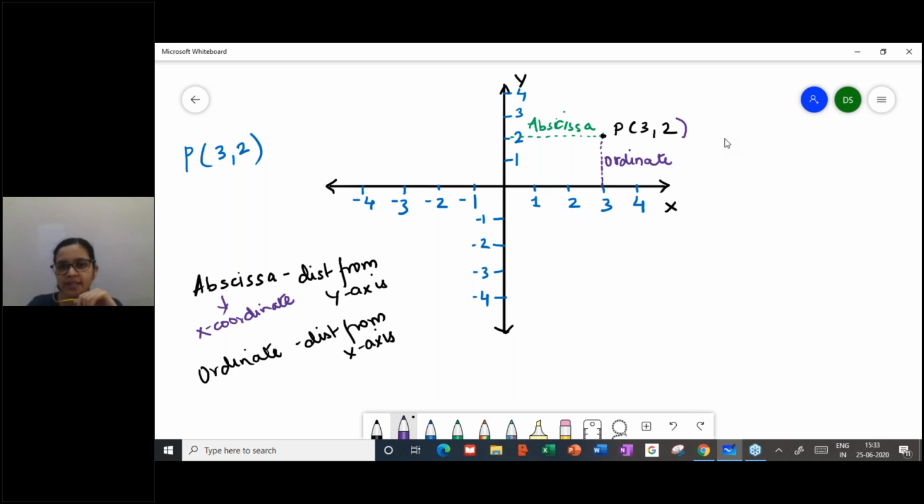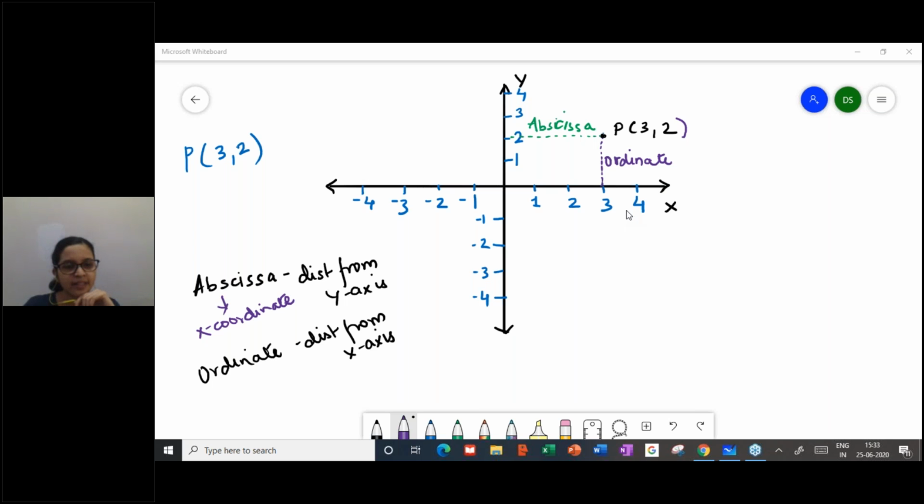And if I ask you the distance of this purple dotted line from the x-axis to the point P (3, 2), it will be how many units? 2, right?